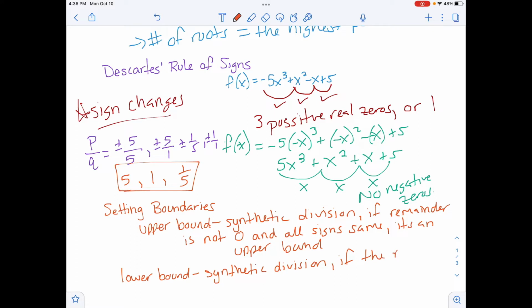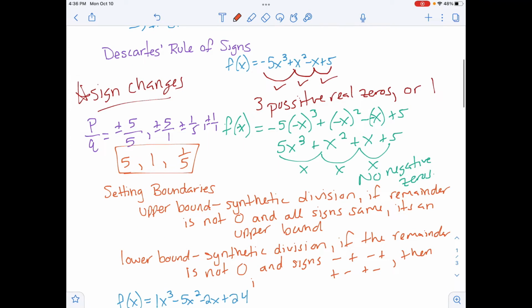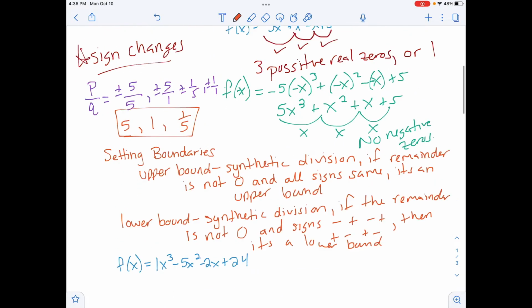If the remainder is not 0, which means it's not a 0, and the signs go back and forth, so negative plus, or plus negative, then it's a lower bound. Now, what does that mean? Okay, let's look at an example.